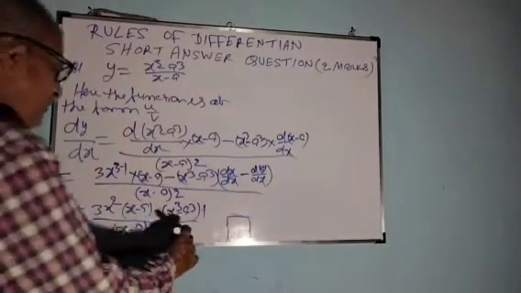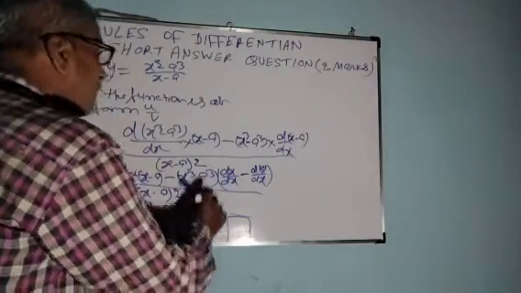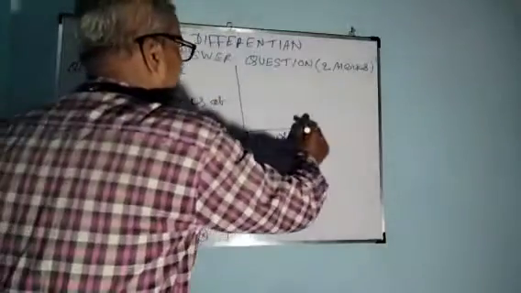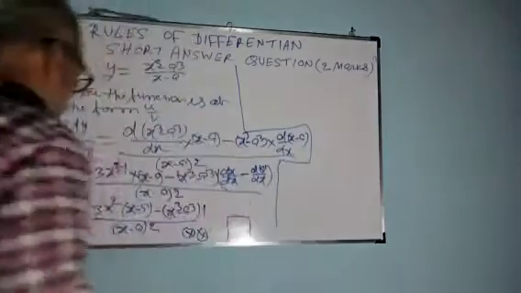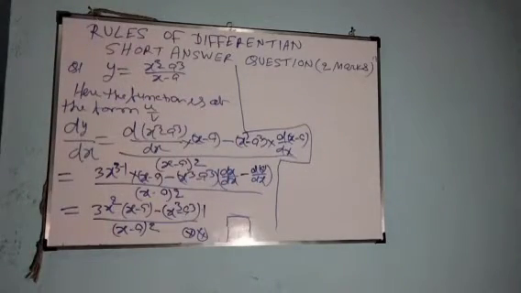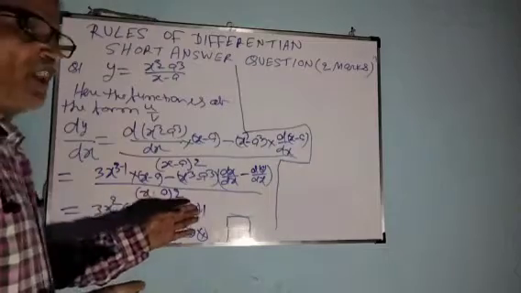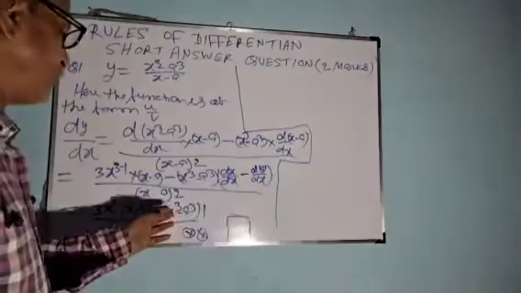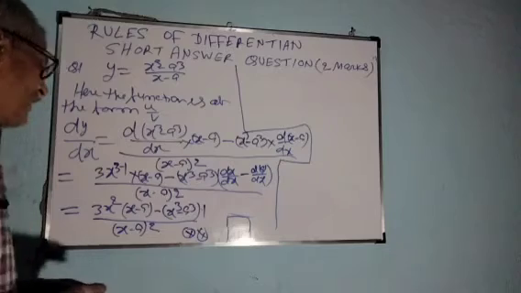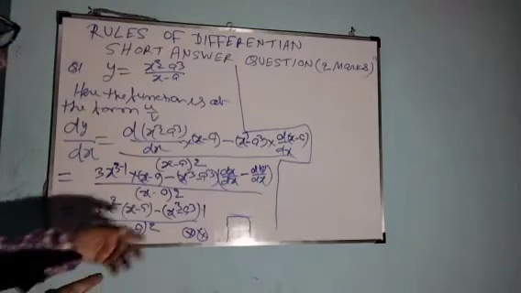I write the next term here. As we know from algebra, x cube minus a cube equals (x minus a) into (x square plus ax plus a square), and we take common this x minus a.